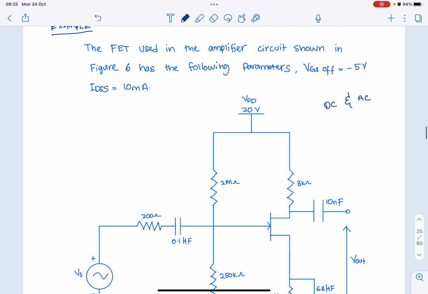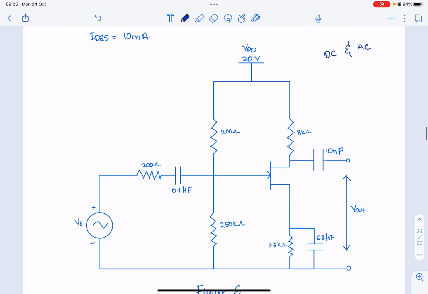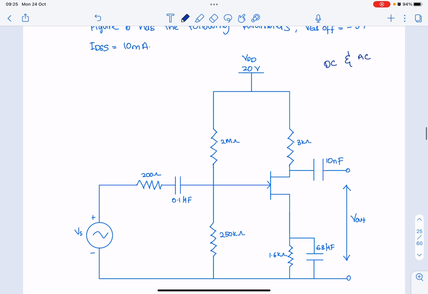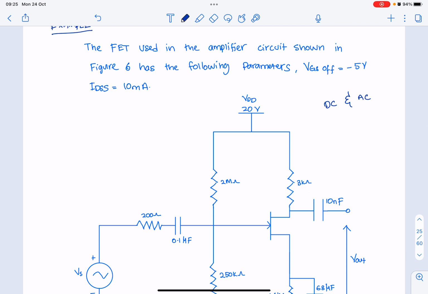So if you look at this figure, this is the typical voltage divider amplifier circuit. So this is normally what you see. Okay, so in this example, the FET used in the amplifier circuit shown in figure 6 has the following parameters: VGS off equal to -5 and the IDSS equal to 10 milliampere.